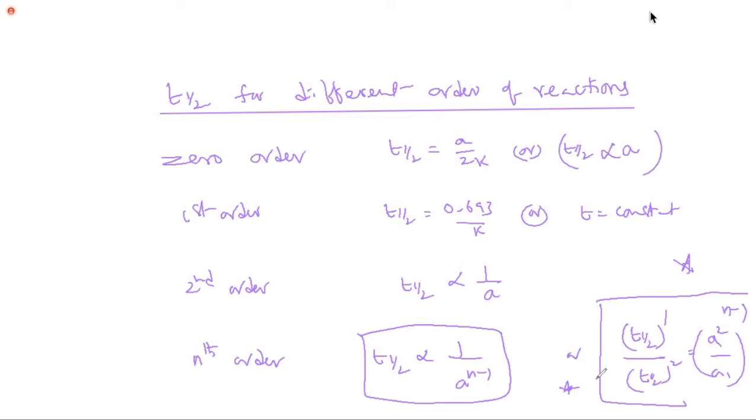And rate equations for third order and nth order are also given in the book. Just have a look at that formula. You can note down the page number. In page number 147, it is there. Page number 147.